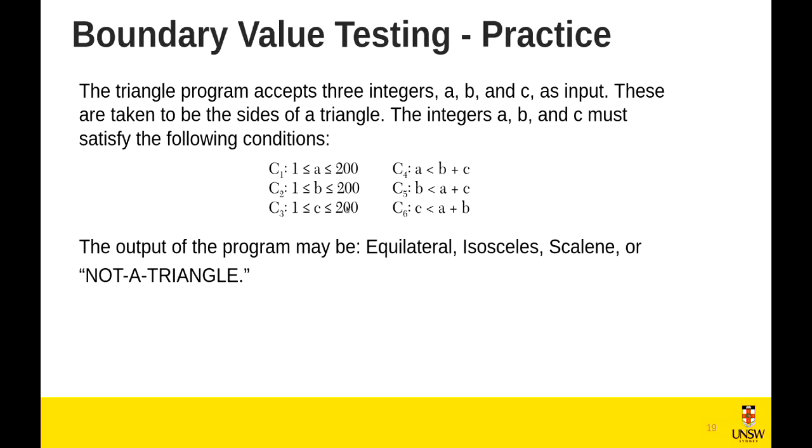Although the expected input from the user should be a valid triangle, it is handled by our target program here. And the rest of the program outputs are equilateral, isosceles, and scalene.